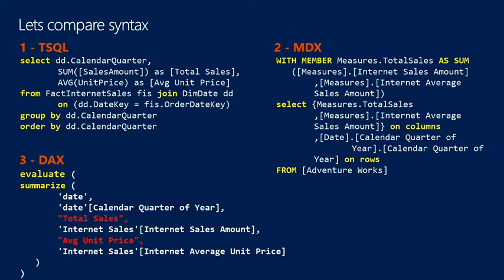We're defining what dimensions we're pulling the data from, what we're slicing by, which is date. We identify labels for the summary functions, total sales, which is the total internet sales amount, and average unit price, and we give a label of average unit price to that. Something that a business user can easily relate to and work with.